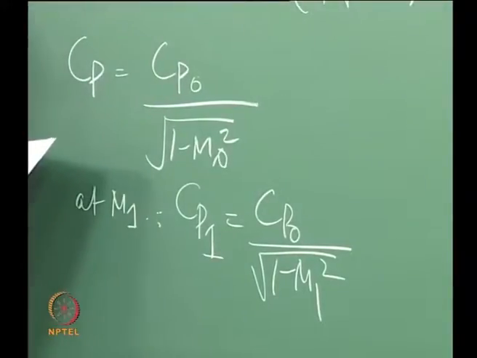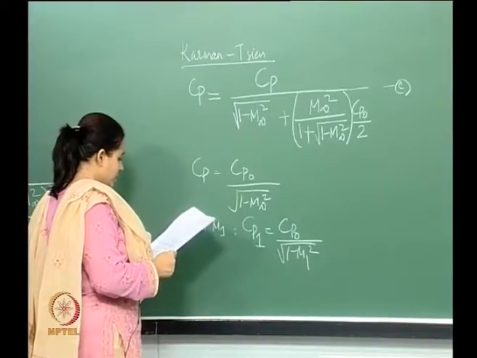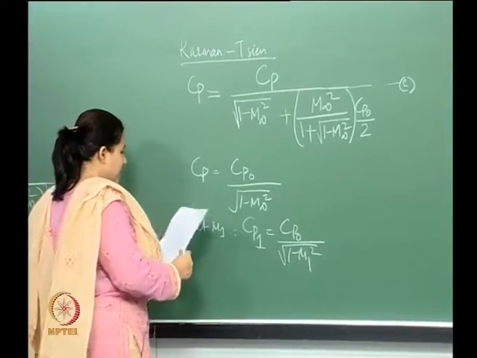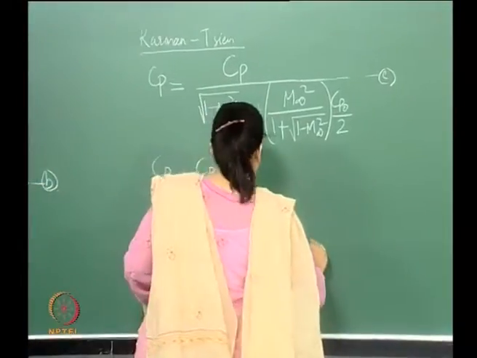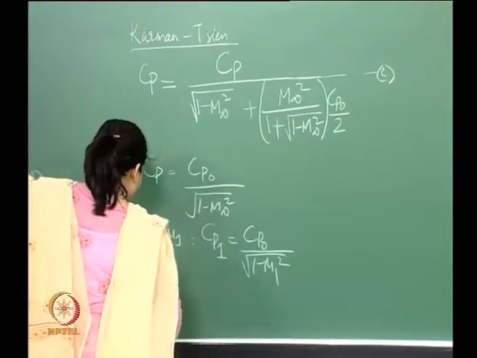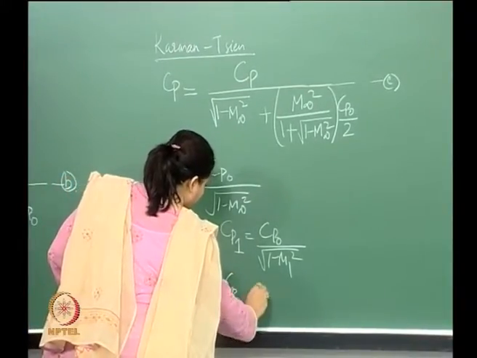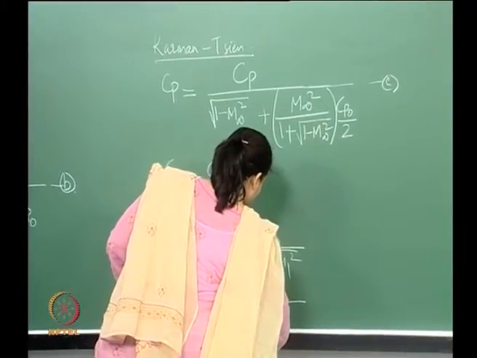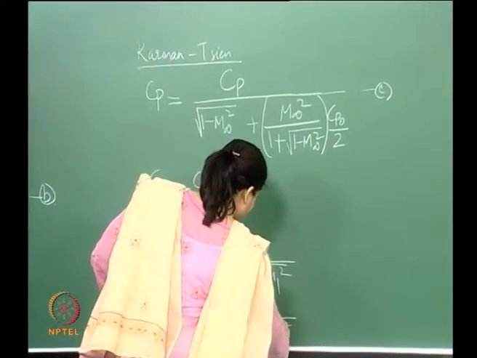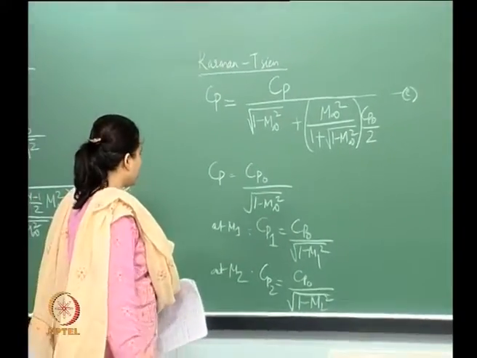Okay. So, let us say this, and similarly, we take another Mach number, which is this, the corresponding coefficient of pressure will be Cp naught by 1 minus M2 square.